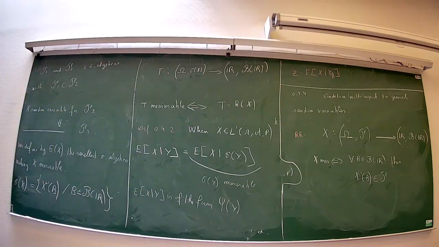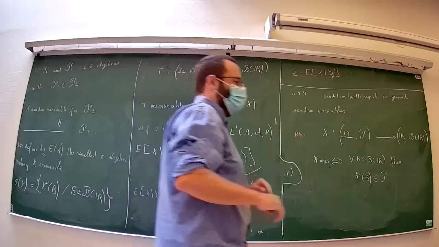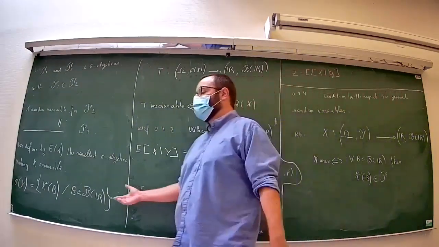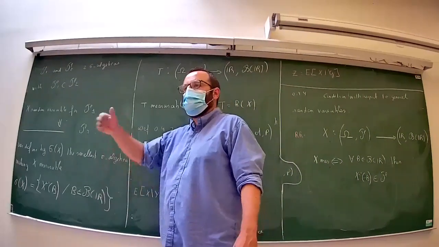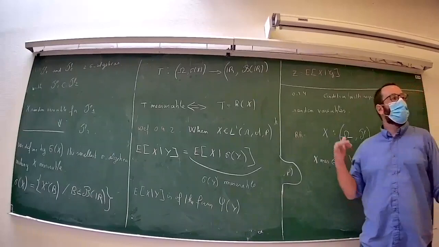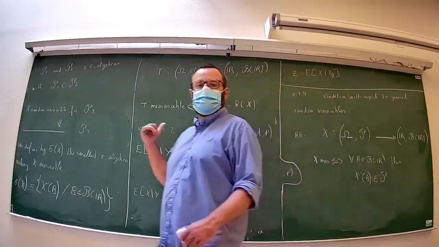So forget this, it was just to answer a question. This is the underlying argument, far from this course. Just keep in mind that if you are measurable with respect to sigma of x, you are a function of x. Okay? No more questions?